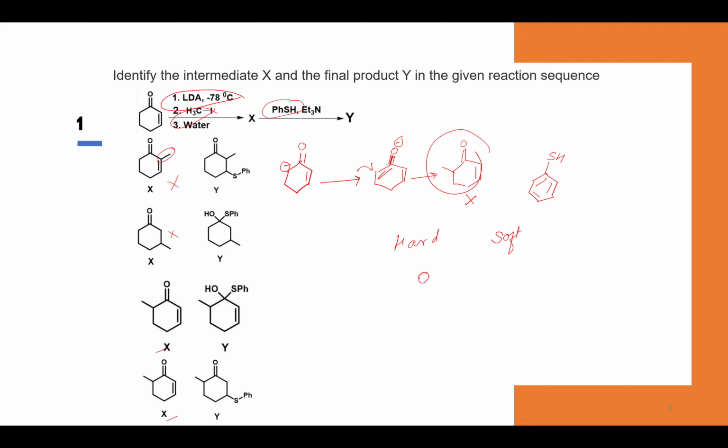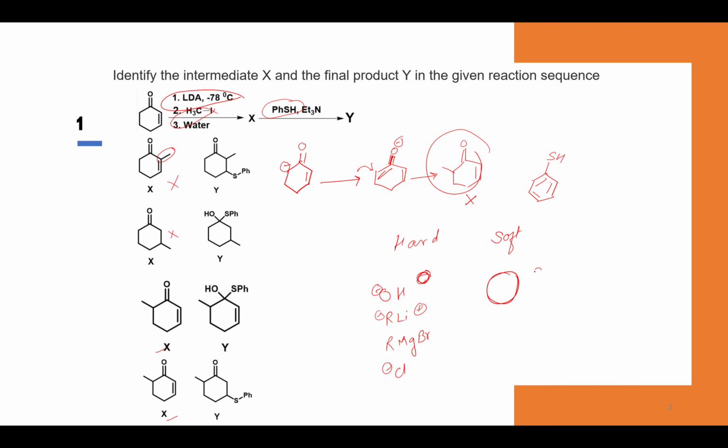Hard nucleophiles are smaller in size and always have strong electronegativity, like oxygen, OH minus, RLi, or RMgBr, like Grignard reagent, and other nucleophiles. These are hard nucleophiles. Soft nucleophiles are large in size and the charge is distributed.